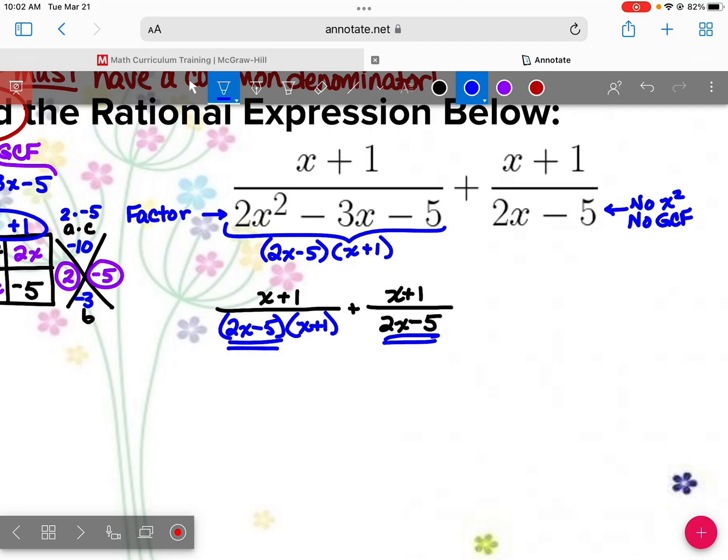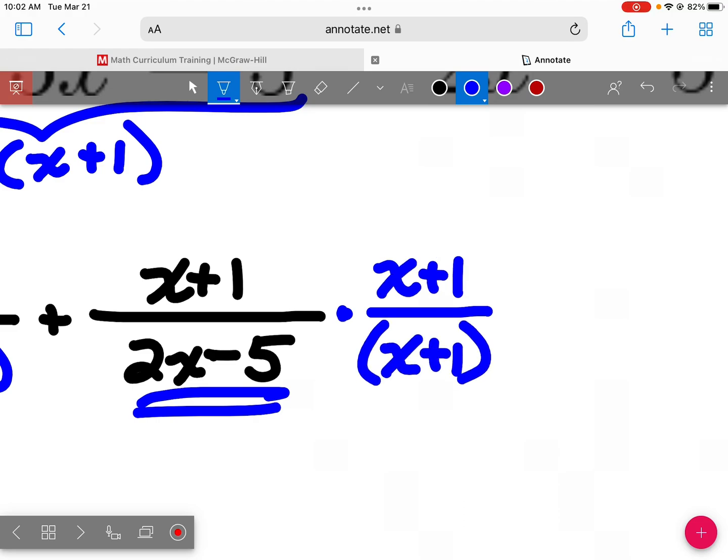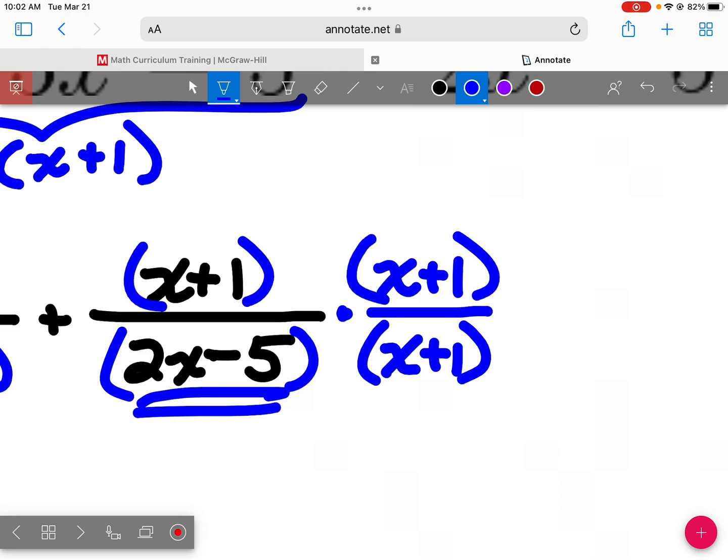How can I give this factor to this denominator so that they have the exact same denominators? Yep, multiply x plus 1 and x plus 1 on both sides. I need parentheses around this because I'm going to be multiplying these pieces together.